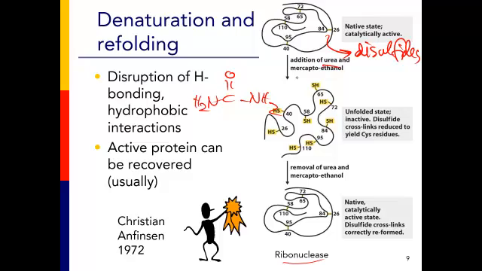And mercaptoethanol. Does anyone remember that we talked about that before? It breaks the disulfide bonds. So it's a reducing agent. So 2-mercaptoethanol or beta-mercaptoethanol or DTT, dithiothreitol, is another separate compound, but those are all reducing agents that will now break those disulfide bonds. So now we have thiol groups on the cysteines, so the whole thing has come apart.